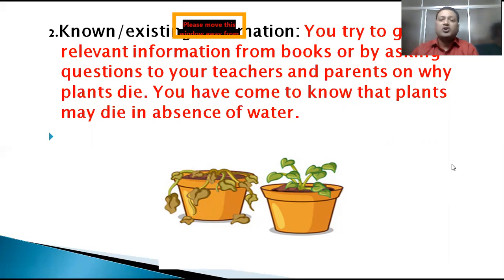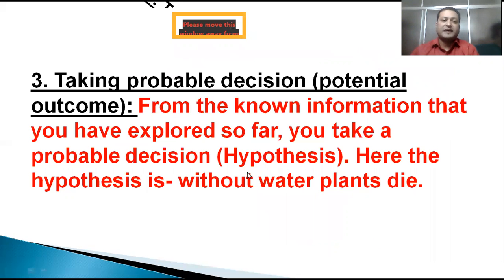That means you already got the information from your elders or teachers or who knows the science. So from them you will get the information. See, this is the image. One is a fresh flower, one is a dying flower. Okay, dry flower, dry plants.